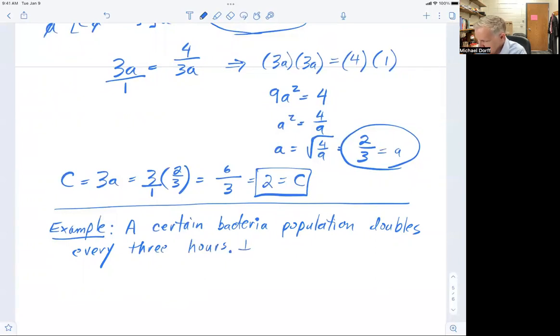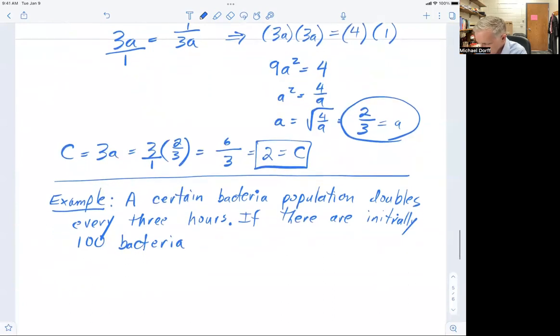Okay, if there are initially 100 bacteria, then how many bacteria are there after 3 hours?